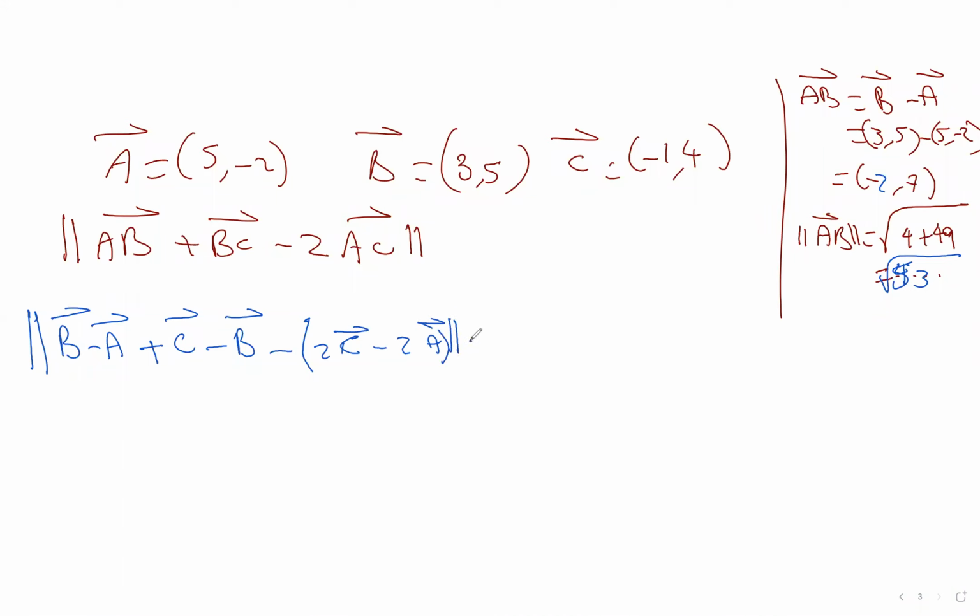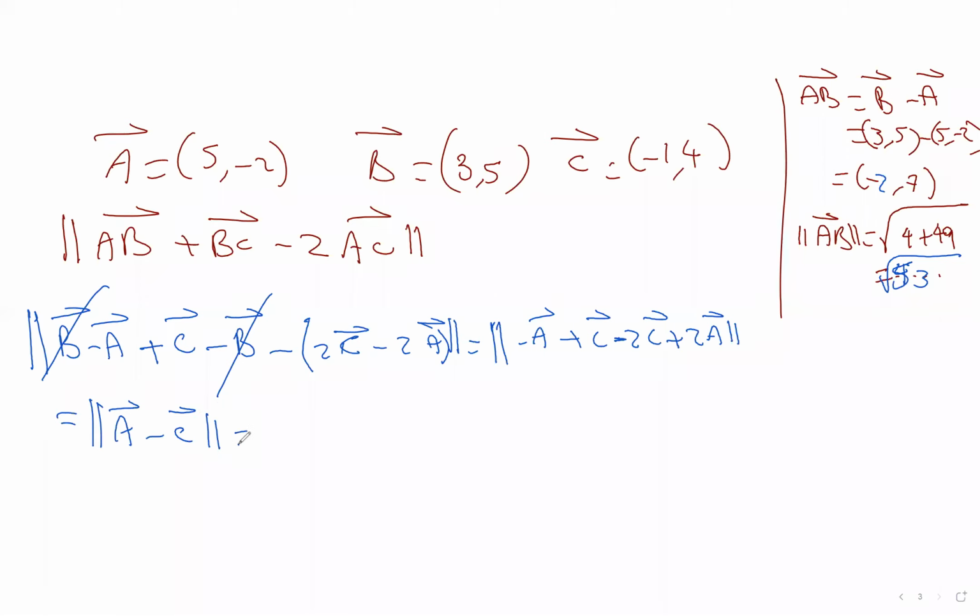Okay? So this one will go with this one. It will be the norm of minus vector A plus vector C minus 2 vector C plus 2 vector A. Here it equals the norm of A minus C, which means 6 and negative 6.